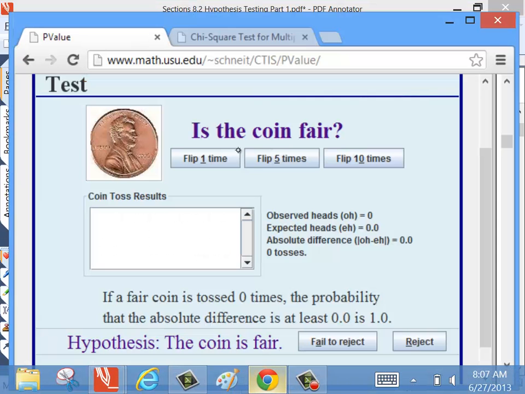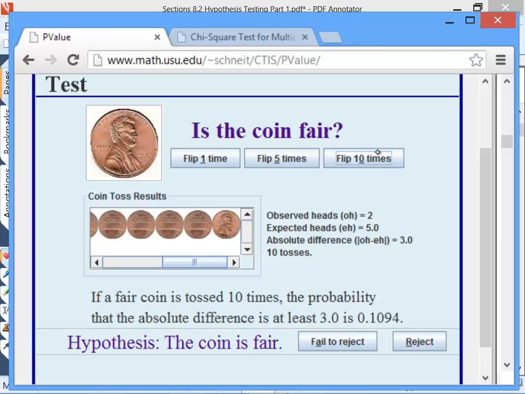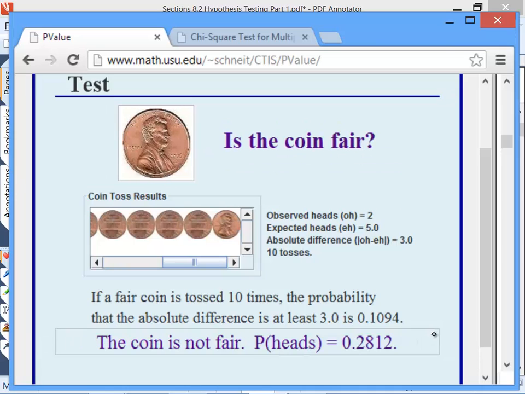Okay, so we can flip the coin 10 times. It tells us that we got 2 heads. So with 2 heads, what is our rule? Ignore everything else, just look at 2 heads. Do you think the coin is fair? According to our rule, no. So we reject the hypothesis that the coin is fair, and see if we're right.